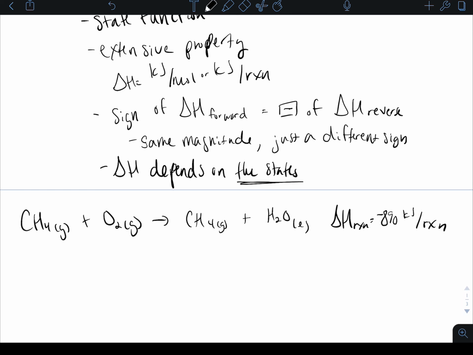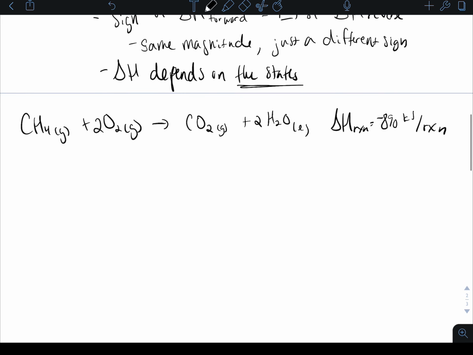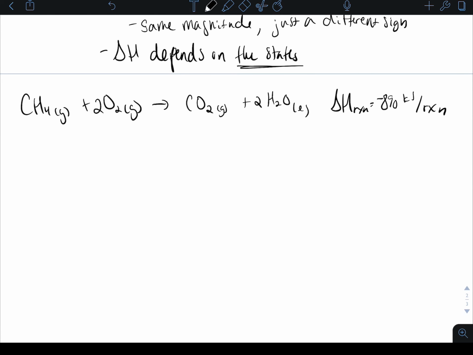So as written, for every 1 mole of methane, 2 moles of oxygen, 1 mole of carbon dioxide, 2 moles of water, it's 890 kilojoules released, so a negative.